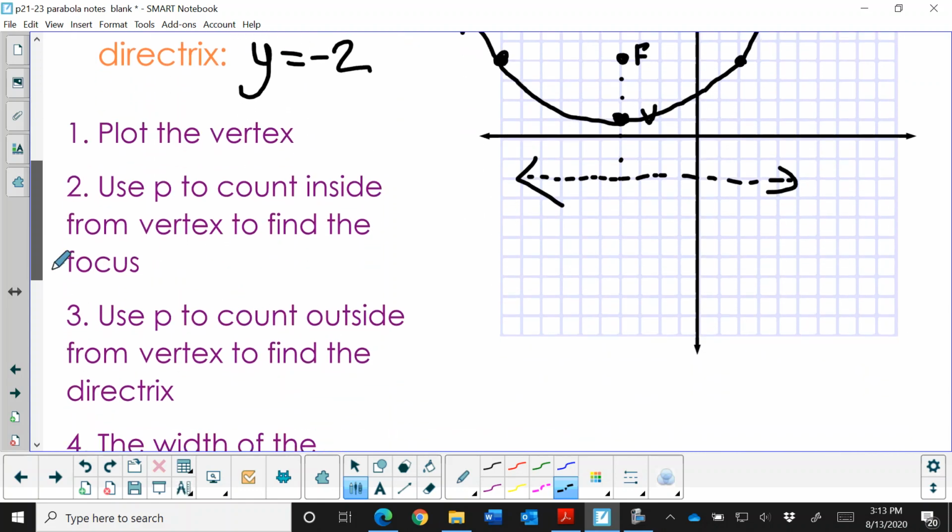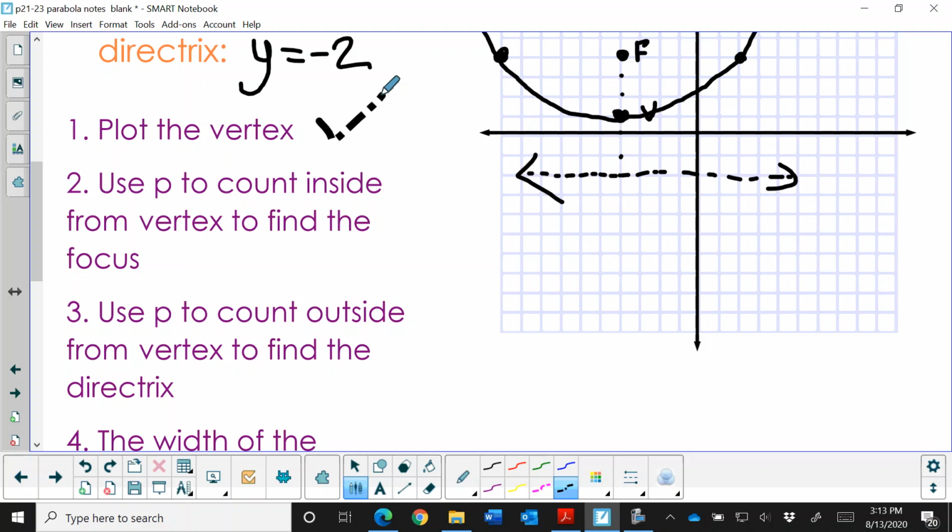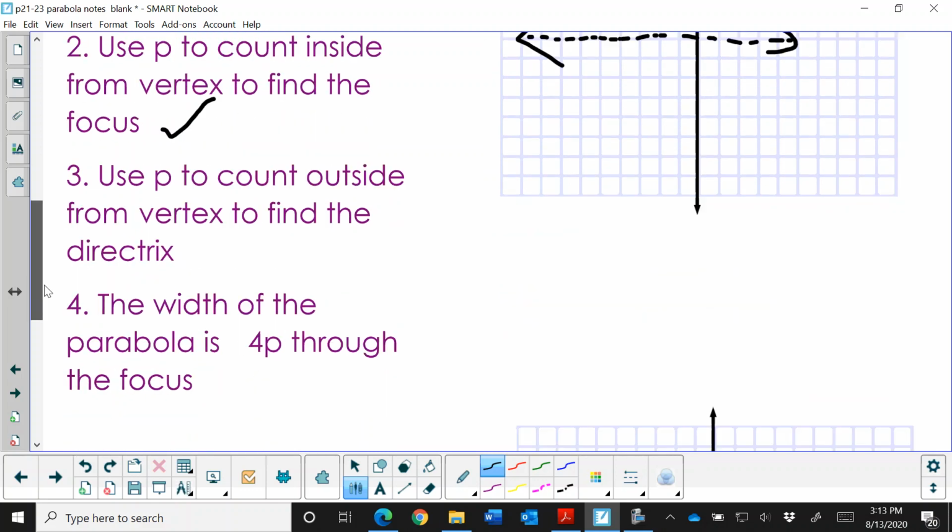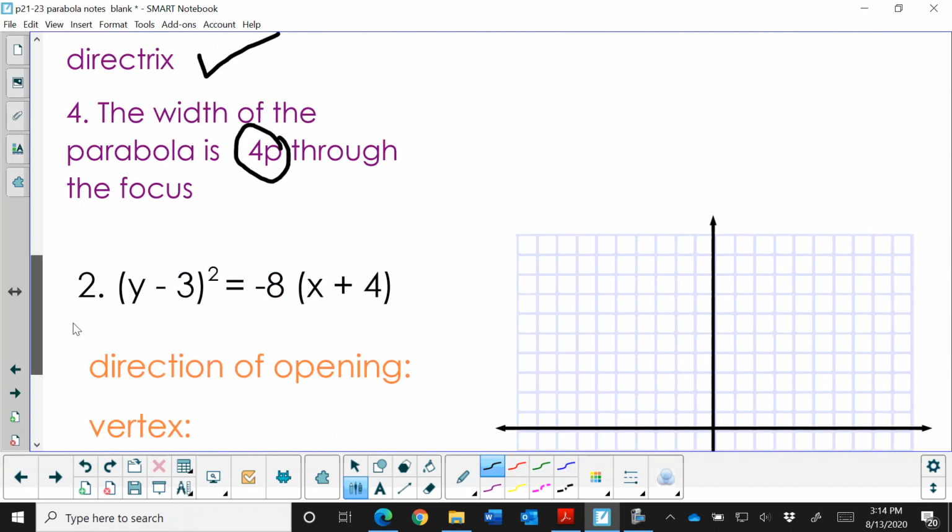So here are some steps. You plot the vertex. Then you use p to count from the vertex to find the focus. Use p to count from the vertex to the directrix, and then you use 4p for the width, which is 2p to the left and 2p to the right.